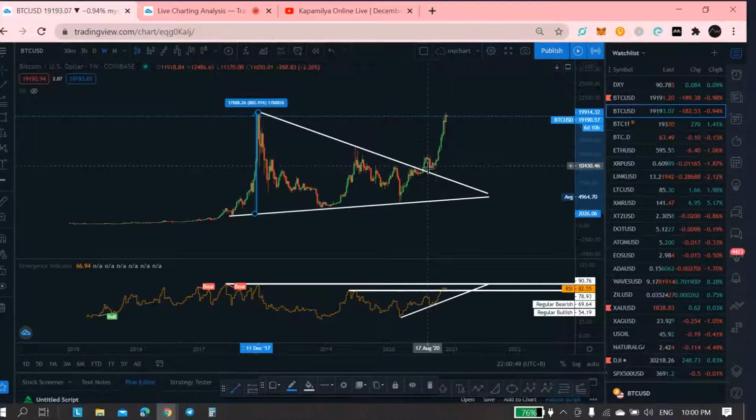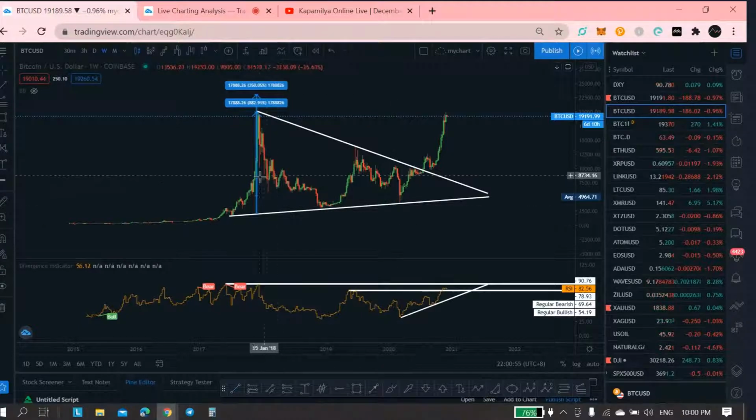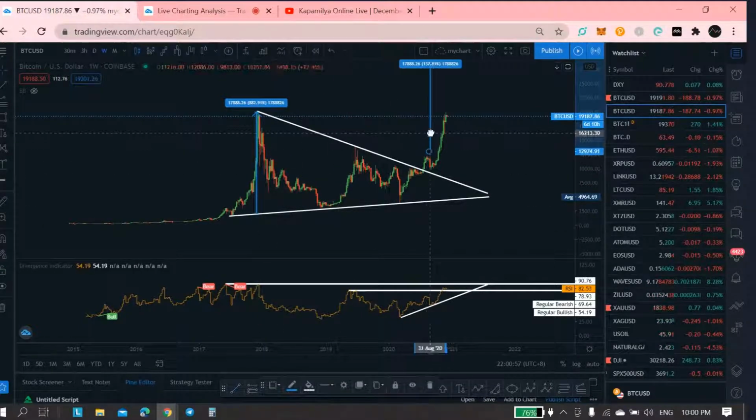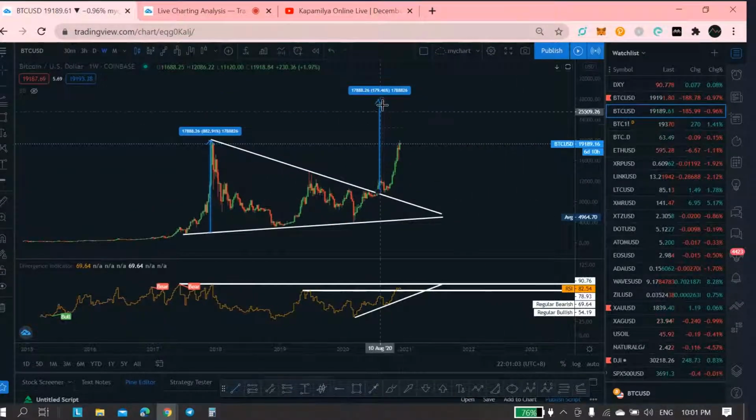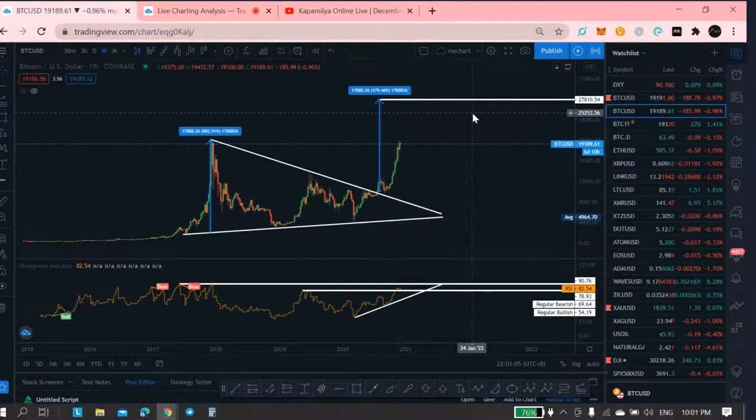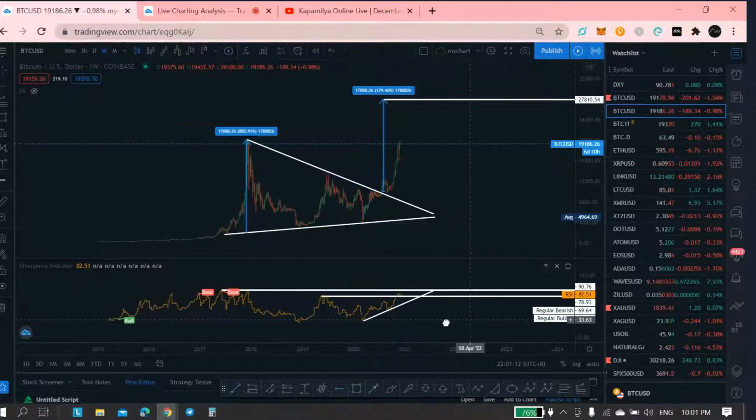So since it broke out at this area, we will copy that and put it at the breakout, which is this area. So my long-term target is this area, which is around the 28,000 or close to 30,000 level.